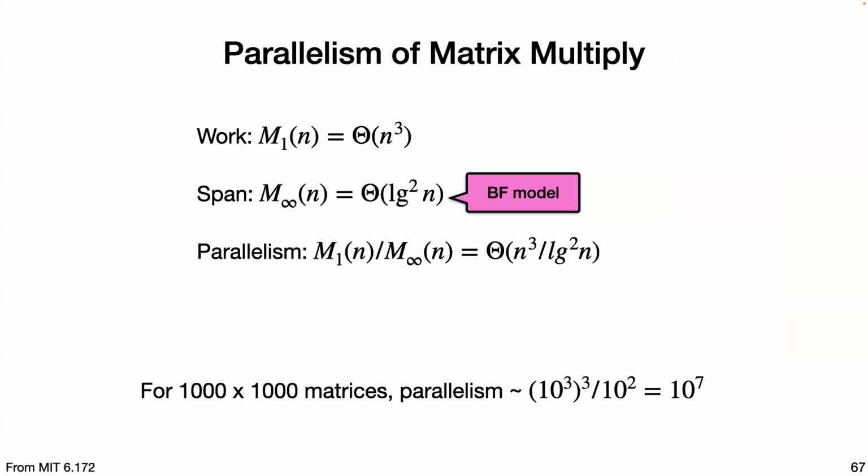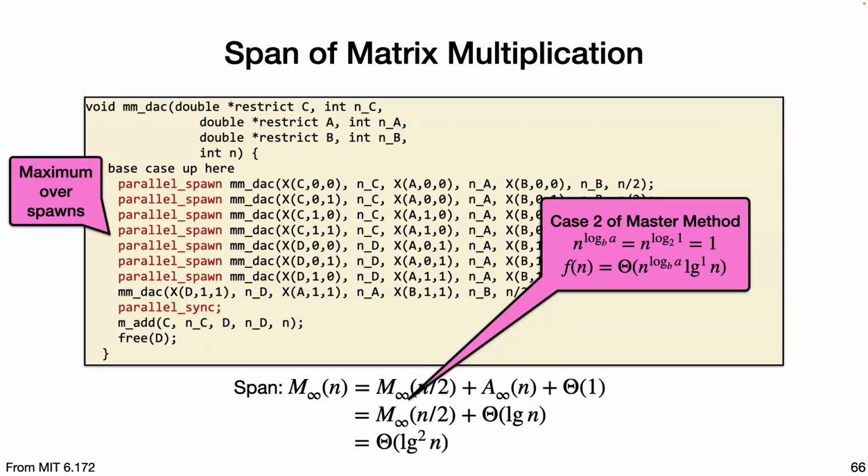Questions on that part? Yes, go ahead. Yes, k is 1 in this case. Yes, because we found that the span was log n in the previous slide when we analyzed the addition. And so now we're trying to do the span of the entire matrix multiply.